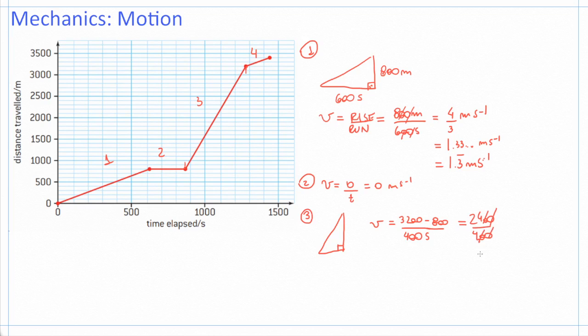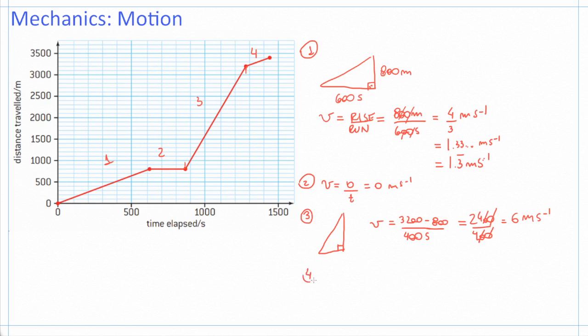We can cross out some of the things: 24 divided by 4, so that's 6. 6 meters per second. We're keeping the units, so that's 3,200 meters and 800 meters, everything is in SI units. So there you go, 6 meters per second. And we can clearly see that it's considerably larger, almost 4 times larger.